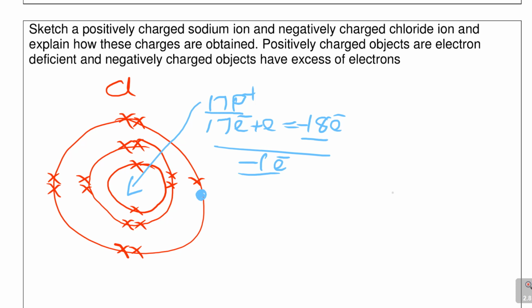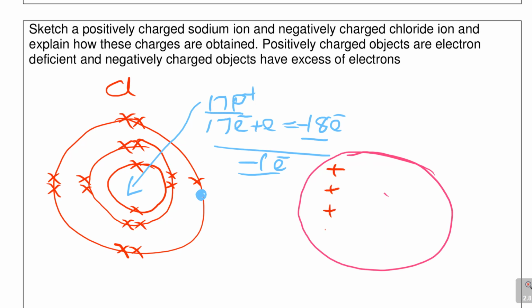So if I'm to draw also a metal like this, look at this, how many positive am I going to have? 17. 1, 2, 3, 4, 5, 6, 7, 8, 9, 10, 11, 12, 13, 14, 15, 16, 17.